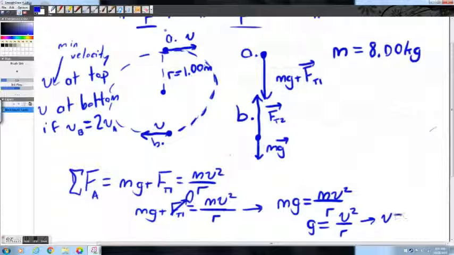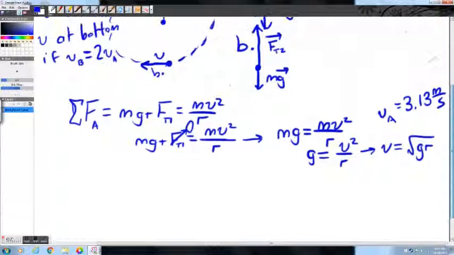Usually we'd say cord, but since we're using a person's arm swinging it. So we solve for velocity, and we get velocity equals the square root of g r, which is just going to be the square root of g because r is 1. The square root of g is 3.13. So velocity A equals 3.13 meters per second.